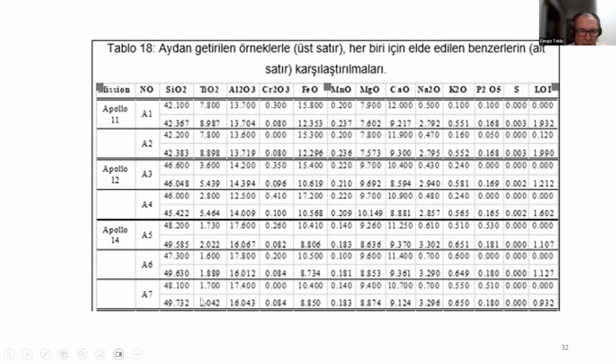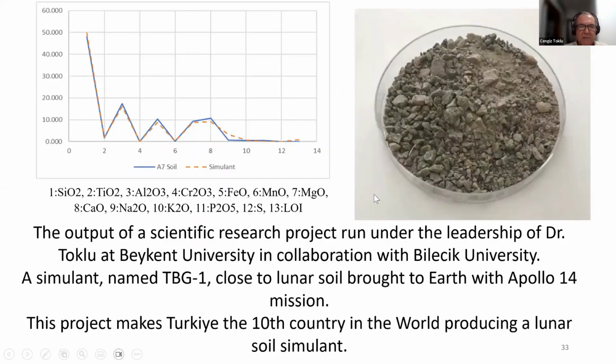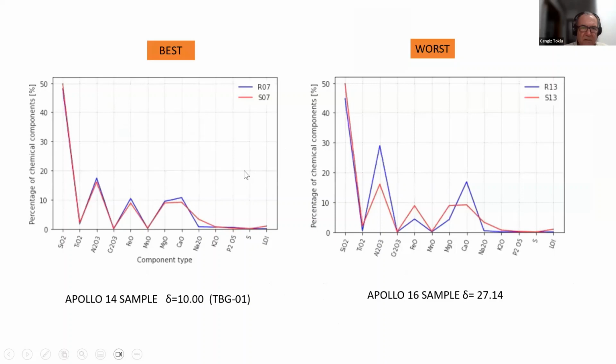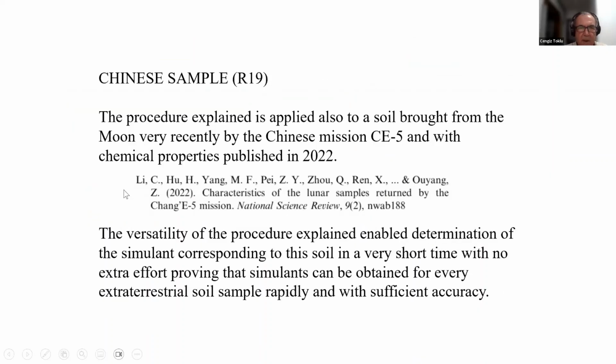So you see that the distances are really small, 48, 40, 50, 2 to 17, 16, 0, 0, 10, 9, etc. So as you see in the graph, the simulant is very close to the original soil.